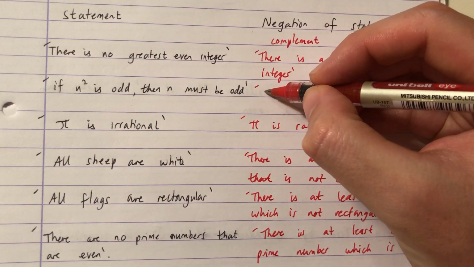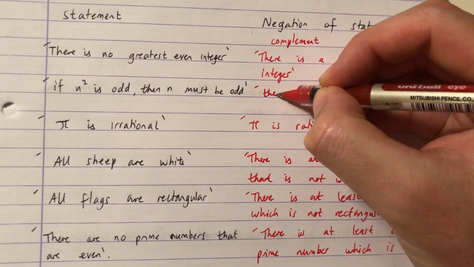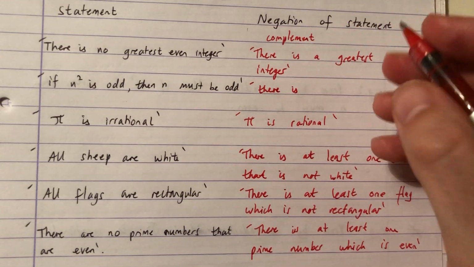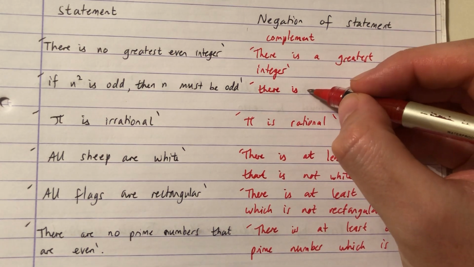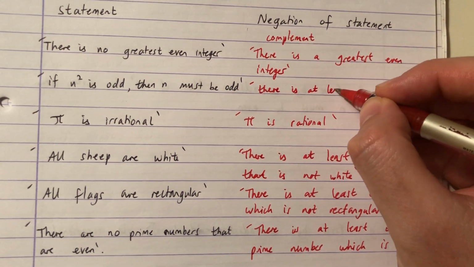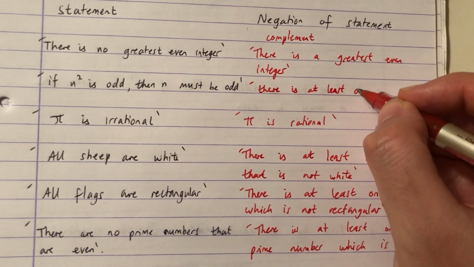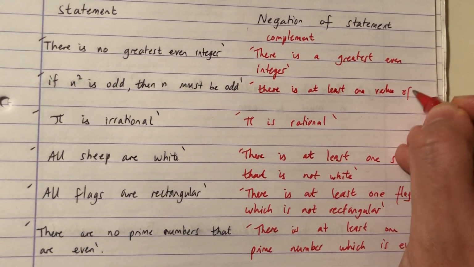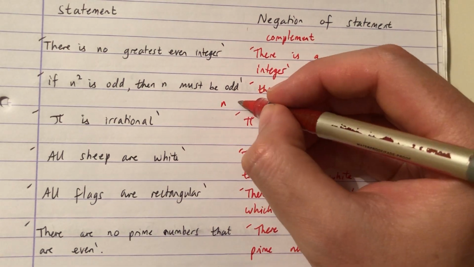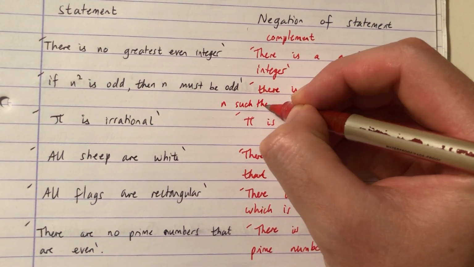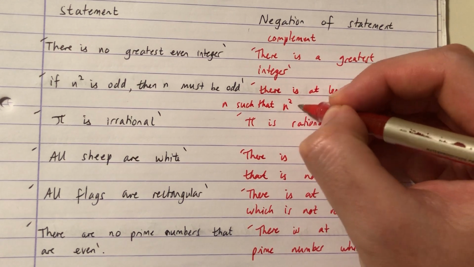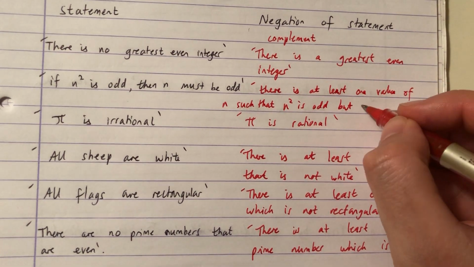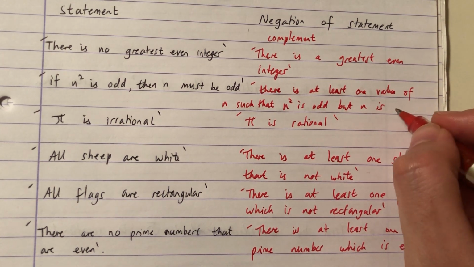So there is at least one value of n such that n squared is odd, but n is even.